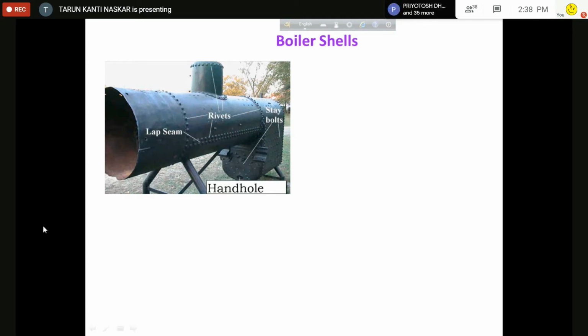Now this is a boiler shell. There is a row of rivets and this is a butt joint, and there is a row of rivets, so this is a lap joint. So the circumferential joint is a butt joint and there is a seam type of joint which is normally a lap joint.